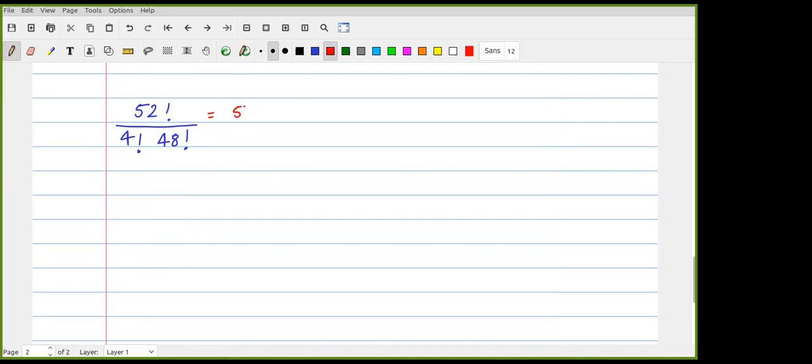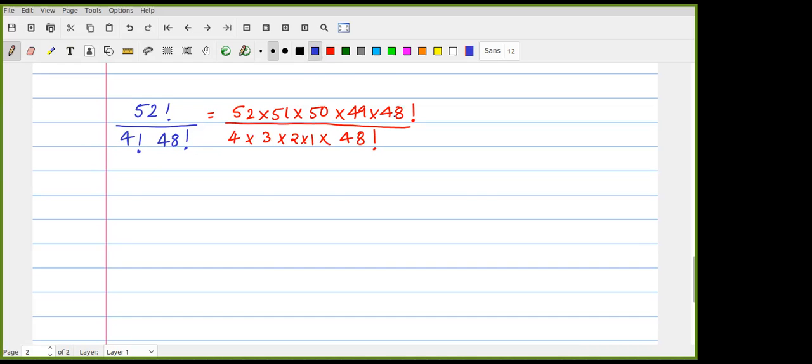This will be 52 into 51 into 50 into 49 into 48 factorial. Agree? Yes. And we will not open this 48 factorial because directly we can cancel it, right? But this one we have to open. So we'll say 4 into 3 into 2 into 1. You agree? Yes.